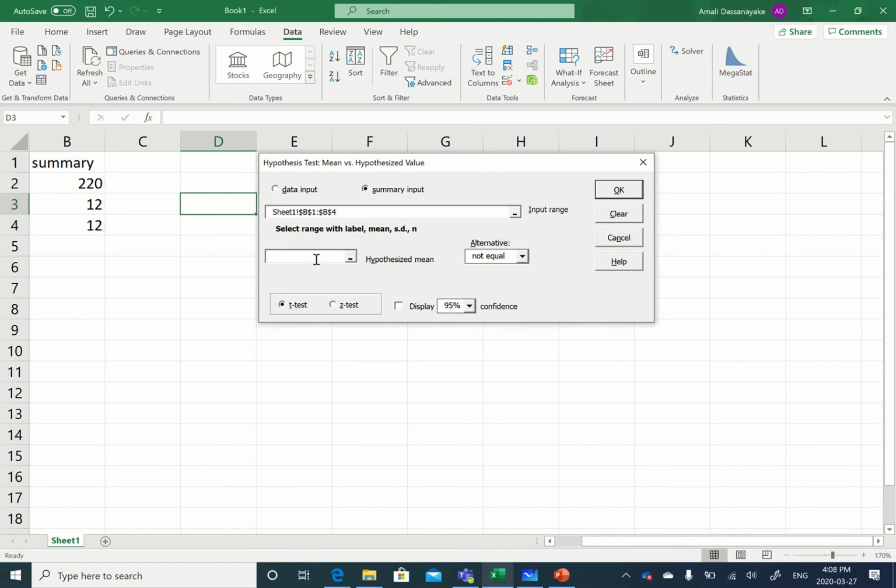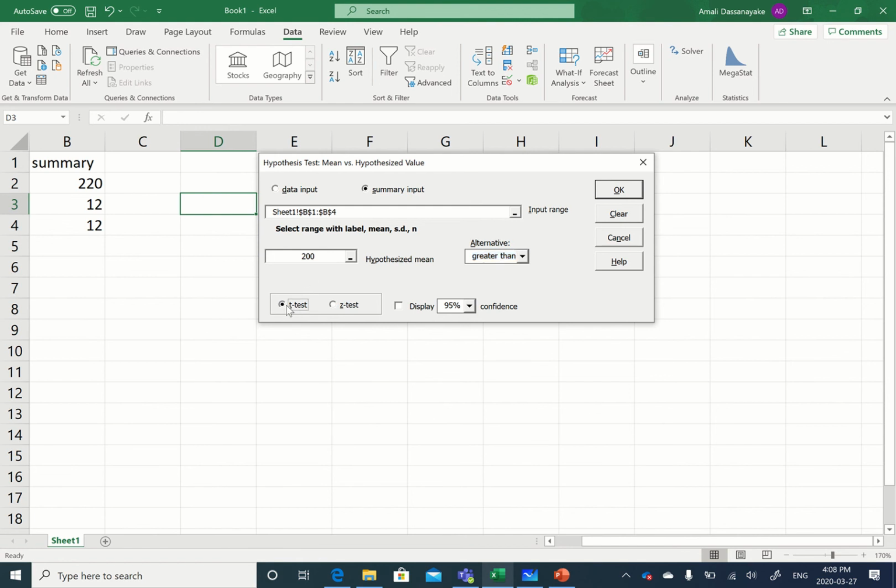So hypothesized mean is the hypothetical value that we are comparing the population mean to. So we are comparing population mean to 200, right? 200, and the comparison is the alternative. So comparison is greater than. So we are saying population mean is greater than 200. Okay, so whatever the sign on the alternative, you have to put it over here.